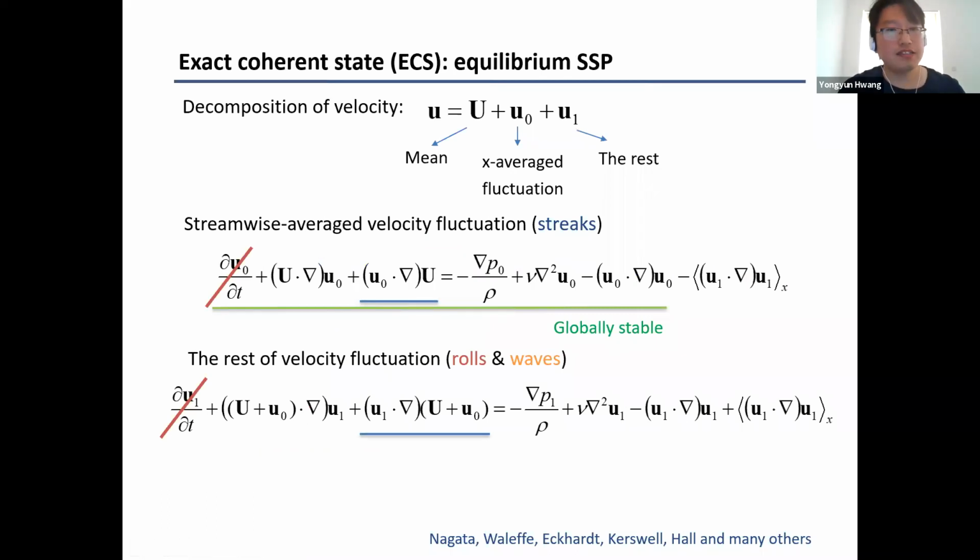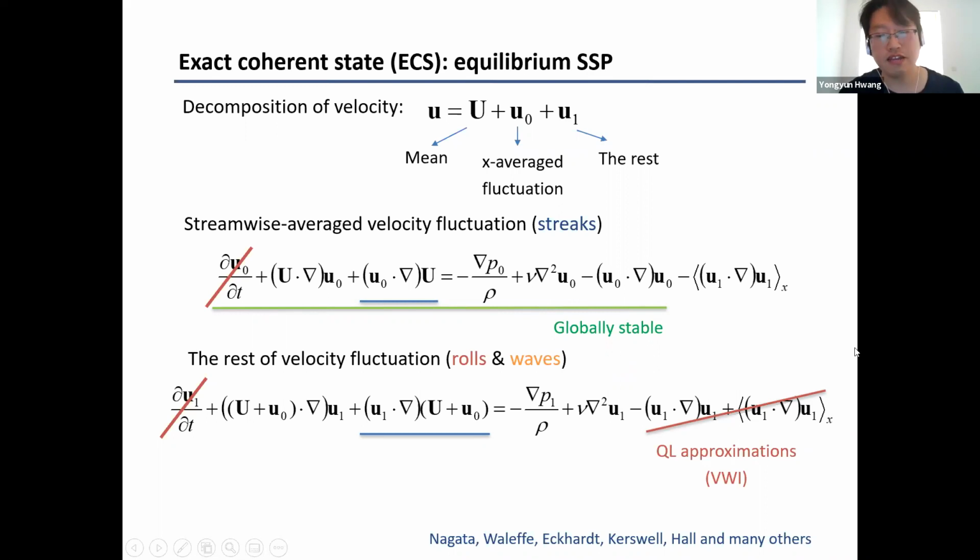We realized this by considering the mathematical equation that describes exact coherent states based on the Prandtl asymptotics. Many exact coherent states are well described by this vortex wave interaction theory, which typically ignores this last nonlinear term here.